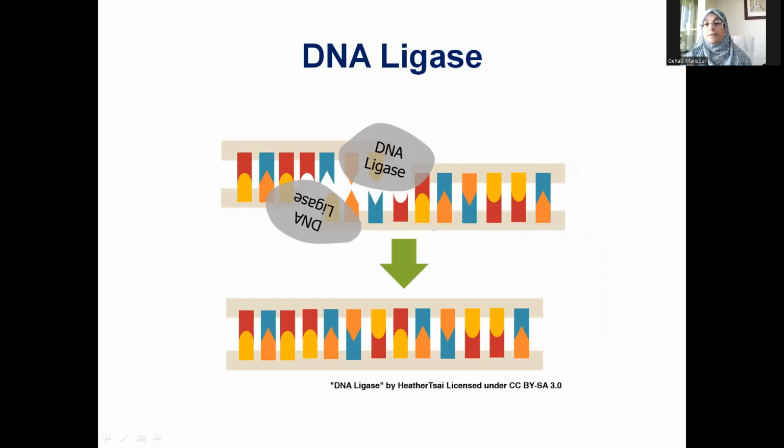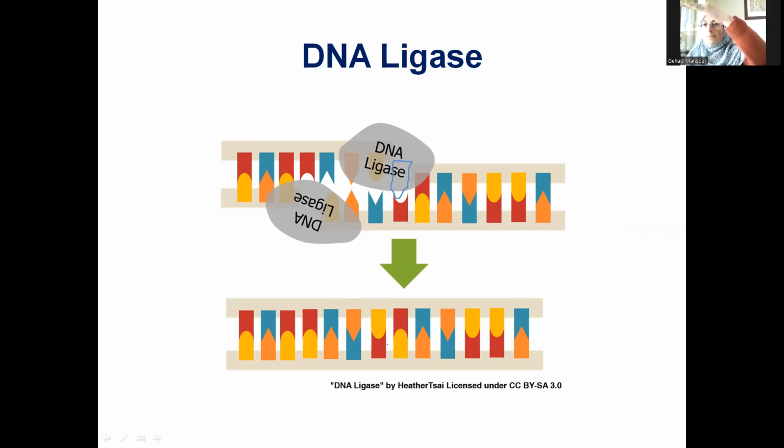And here you can see how the DNA ligase enzymes walk on the DNA molecule to join the newly added nucleotide, meaning that here we had a missing nitrogenous base. So this missing nitrogenous base was inserted, and now it is perfectly in place.